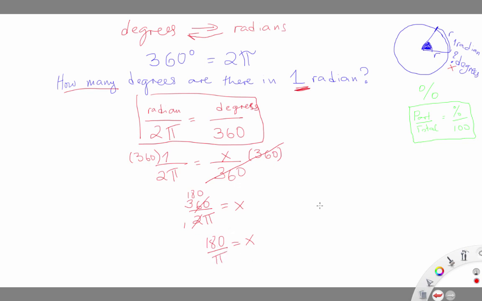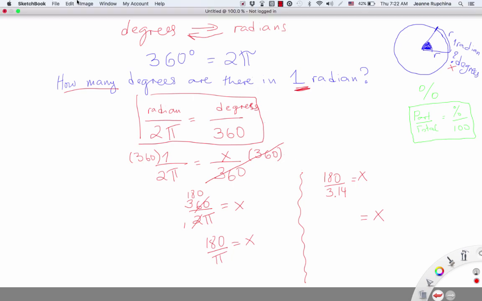Pi is equal to 3.14. And if you divide in your calculators 180 by 3.14, I don't have a calculator with me, let's just check how much this was.